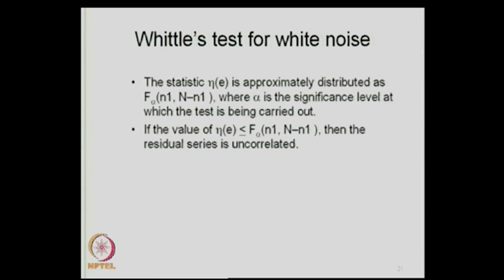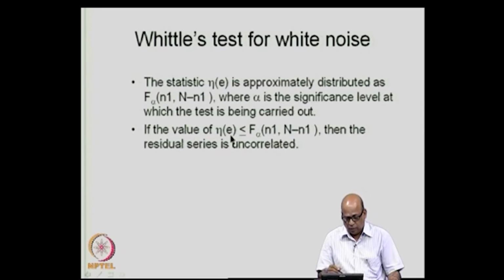Once that statistic is known, this statistic is approximately distributed as F alpha with n1 and n minus n1 degrees of freedom, where n1 is your k max, typically taken as 15% of your n. So, as we did for earlier tests using the F distribution, you fix your confidence level, typically 95% or 99%. n1 is known, capital N is known, which is the number of values, and therefore you know the critical value of F alpha.